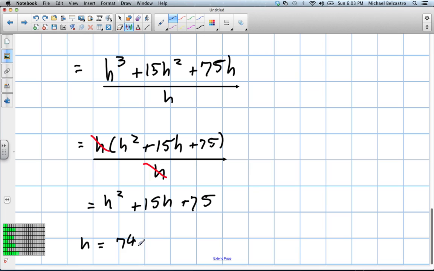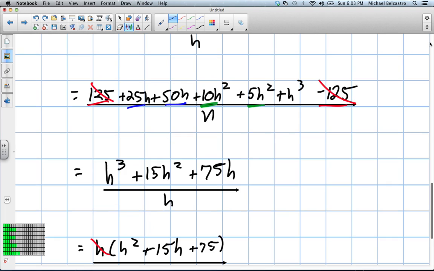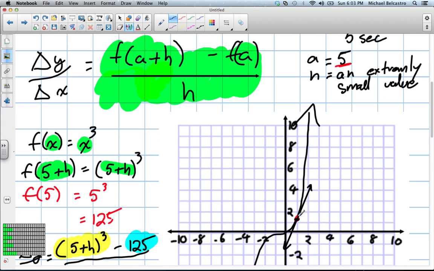It's like 74.85, something like that, when you factor this all out using quadratic formula. So what that's saying is we could say approximately 75. So the instantaneous rate of change here is it's increasing by 75 cubic centimeters at 5 seconds.